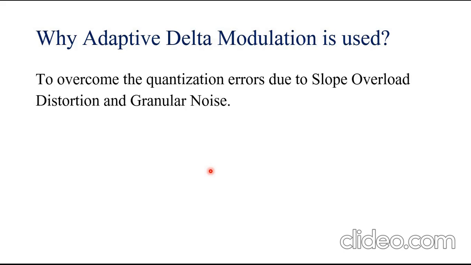One is slope overload distortion and the second is granular noise. To resolve these issues, we can go for adaptive delta modulation.